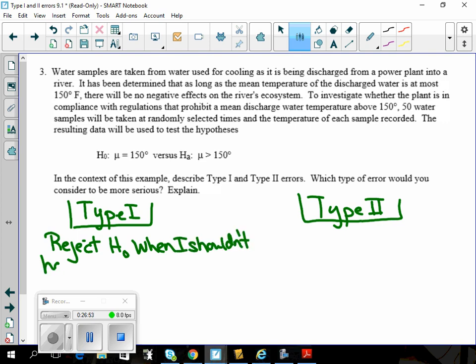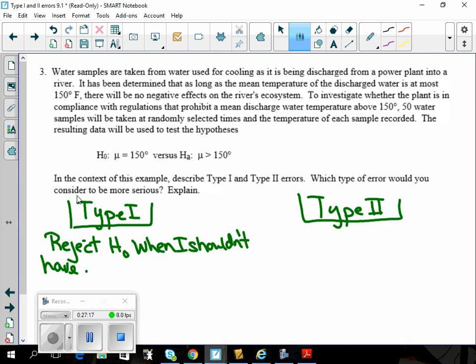All right, what's the context here? If I reject the null, what decision is being made in terms of the context? So what I've done here is I've rejected this when I shouldn't have.